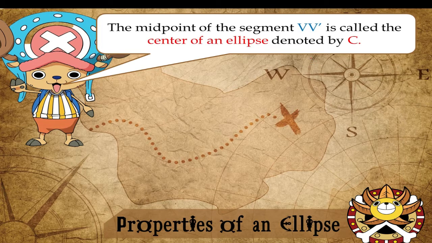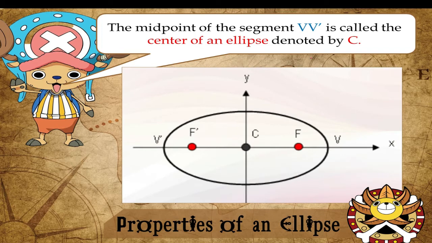Next property, the midpoint of the segment VV' is called the center of an ellipse, denoted by C. Okay? This midpoint, of course, is the center, the midpoint of the vertices, and the center is also the midpoint of the foci.